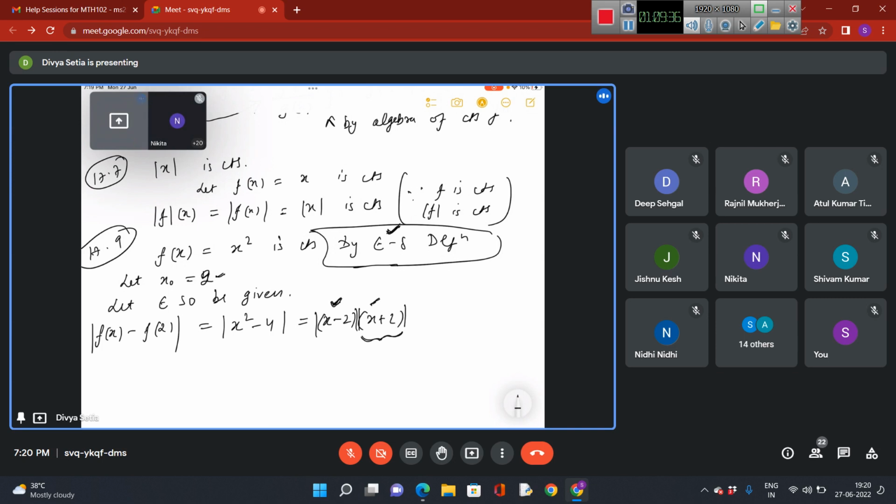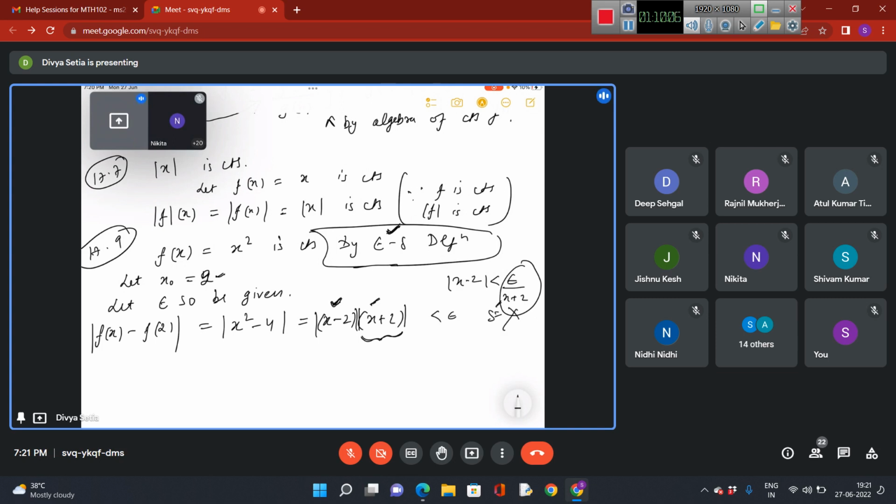Anybody having any idea? Here you cannot make it less than epsilon, right? Because this will be less than epsilon if |x minus 2| is less than epsilon by |x plus 2|. And you cannot choose your delta to be this. No, it is dependent on x.